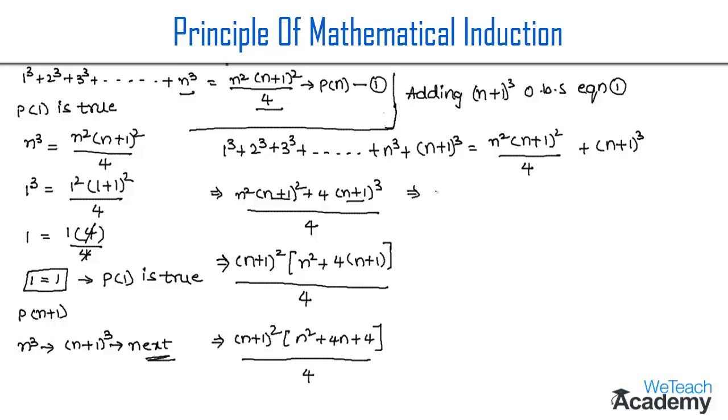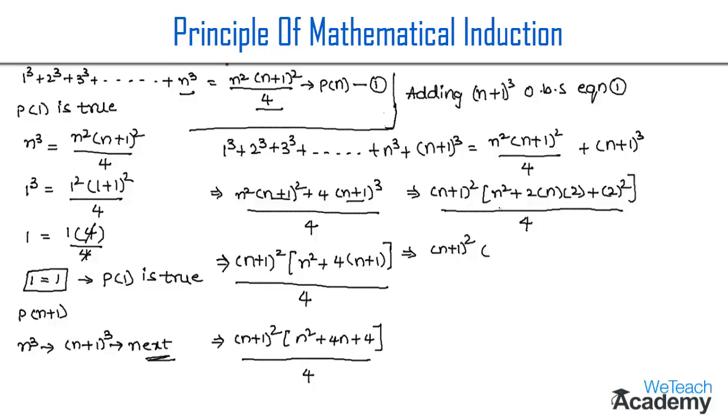And therefore we can write this as (n plus 1) whole square into [n square plus 2 into n into 2 plus 2 whole square] divided by 4. So therefore this would come as (n plus 1) whole square, and we observe that the expression n square plus 2 into n into 2 plus 2 whole square is in the form of a square plus 2ab plus b square.